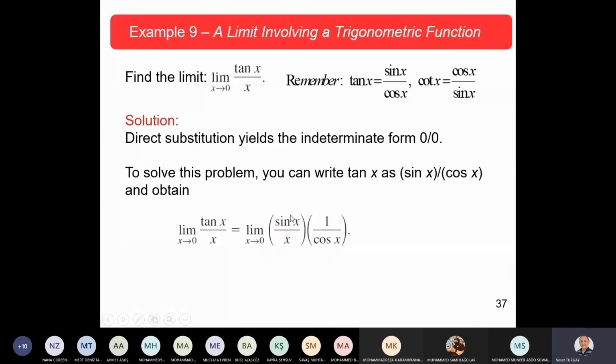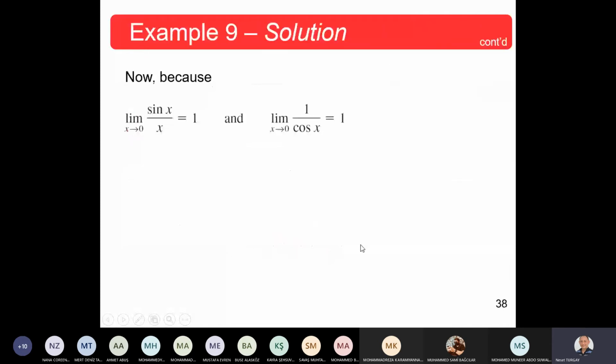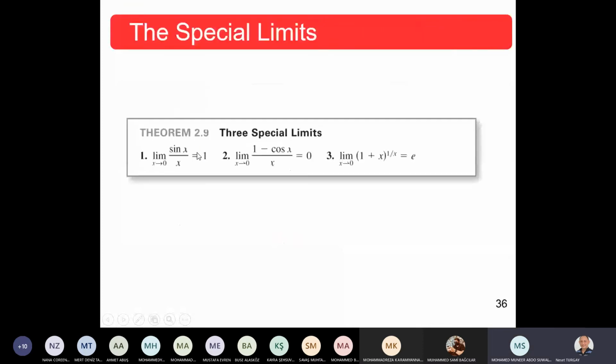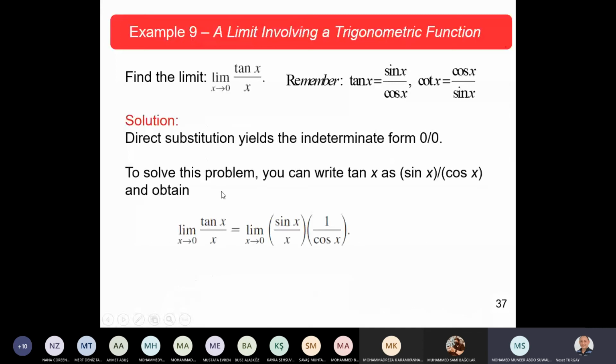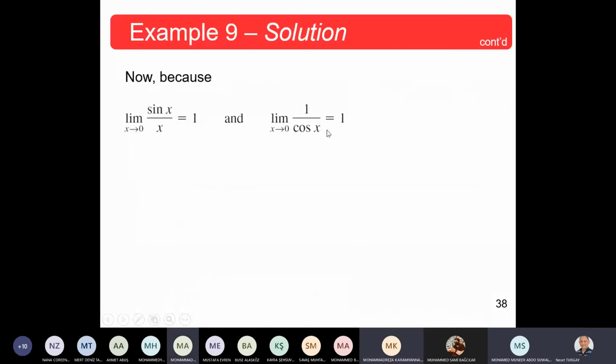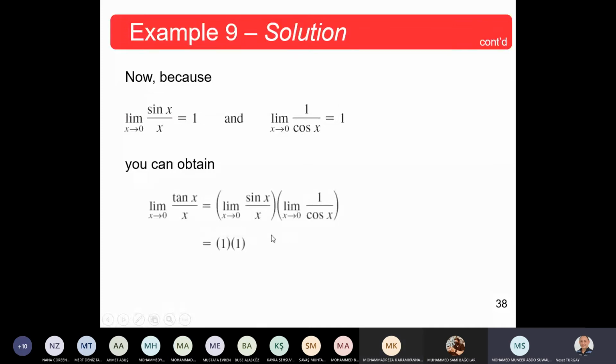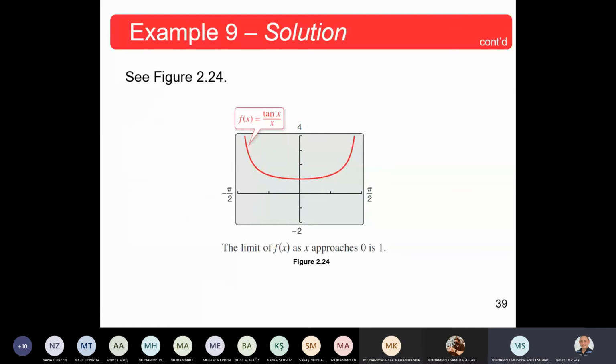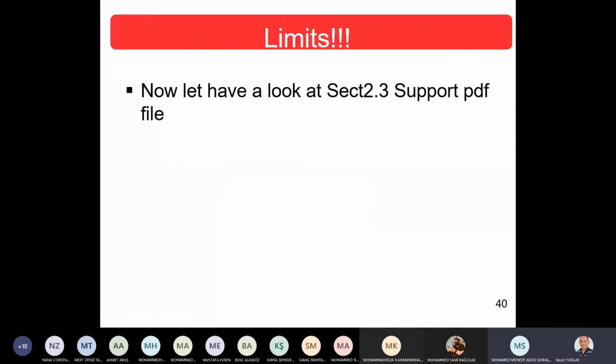Now what happened? Sine x over x, times 1 over cos x. With this, I know that sine x over x is 1 from the theorem I just told you today. And 1 over cos x is what? Cos 0 is 1, and 1 over 1 is 1. So this is equal to 1 times 1, and the answer is 1. Okay, you understand? This is the geometric approach. I'll skip this and I want to solve one more question.